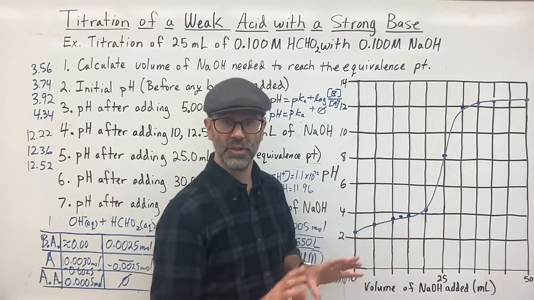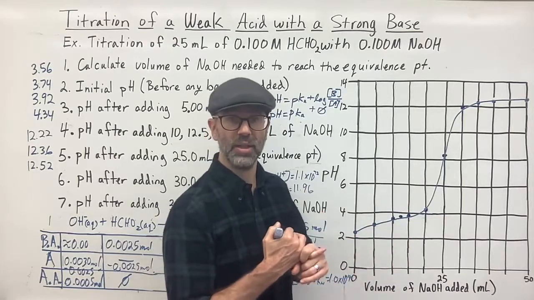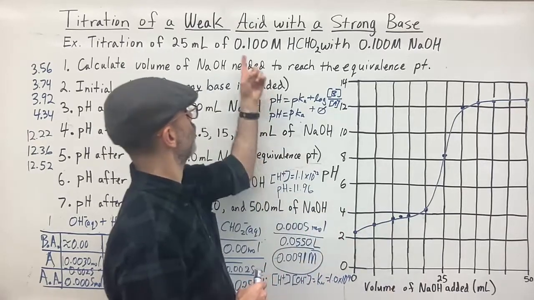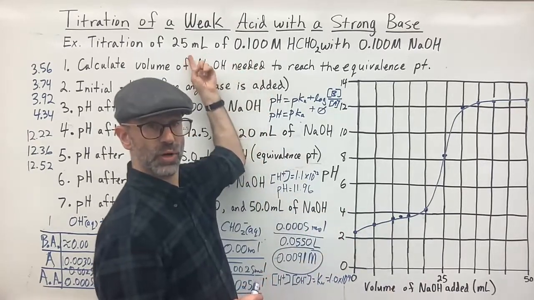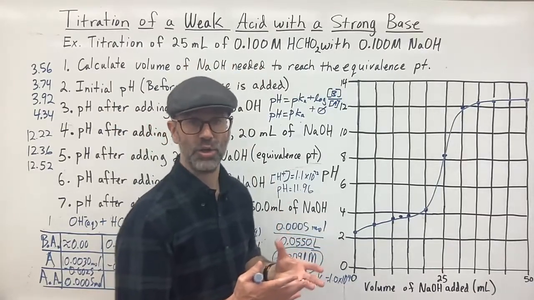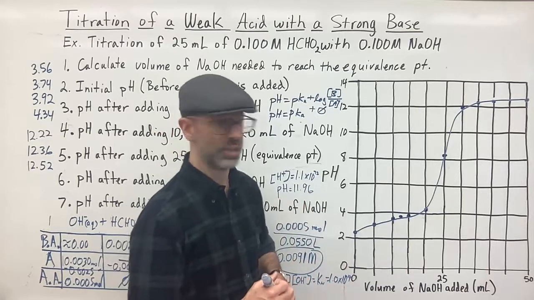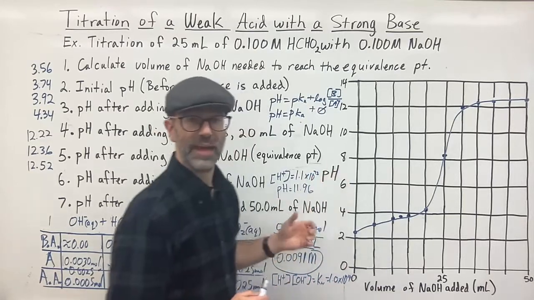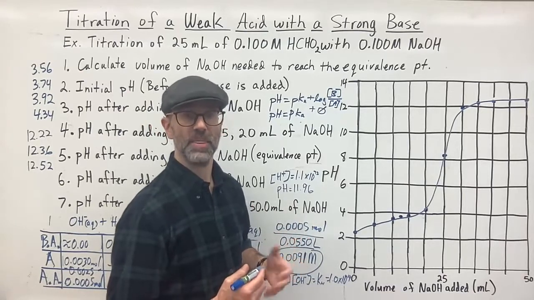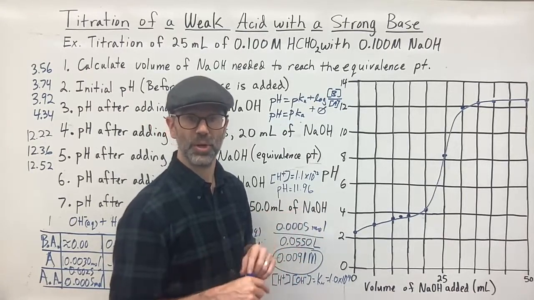Once you figure that out, then you've got to figure out what the concentrations are, because remember, you're adding volume to the 25 milliliters there. So you've got to recalculate your volume, figure out what the new concentrations are, and then plug that into your Henderson-Hasselbalch equation to do the equilibrium part.